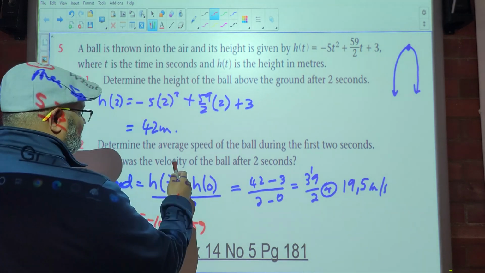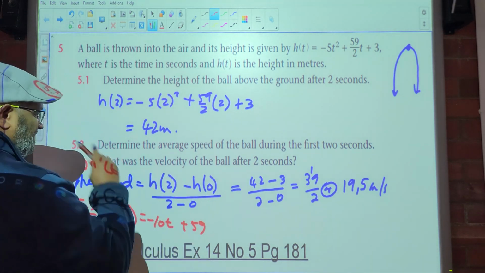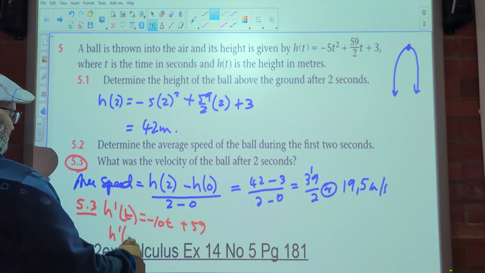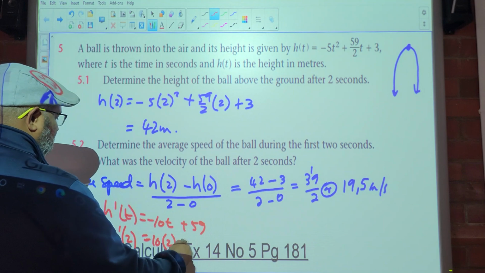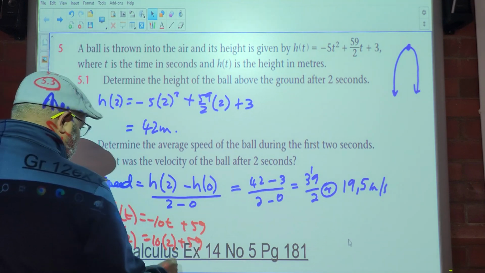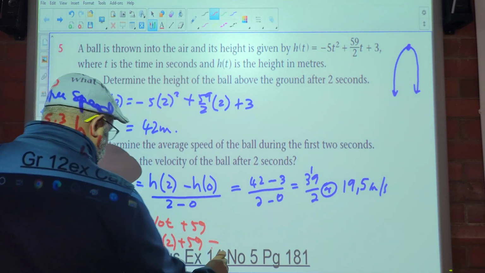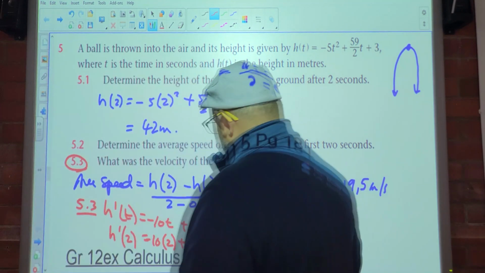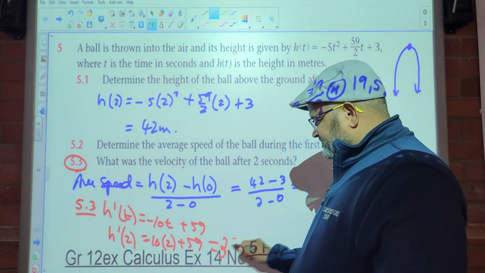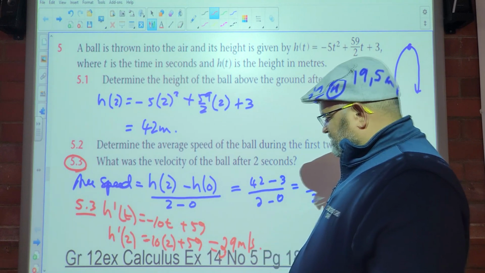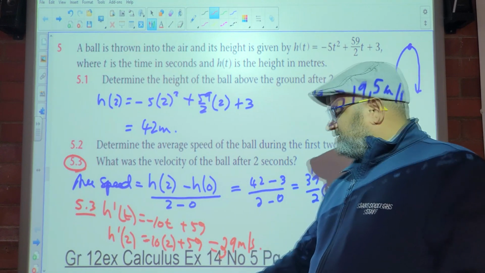So h prime of 2 equals negative 10 times 2 plus 59. That's going to give you negative 20 plus 59, so it's 39 meters per second. Is that correct? Alright.